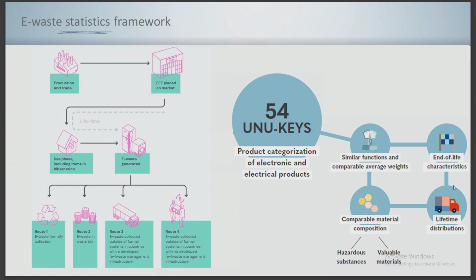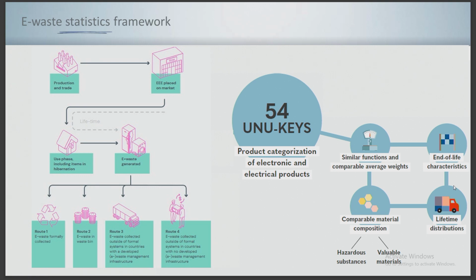They have comparable lifespans per product, so each product has a different lifespan. And more importantly, we can also trace certain materials, certain hazardous materials. We all know that e-waste contains hazardous substances such as mercury or flame retardants, but also valuable materials such as gold and palladium and others.